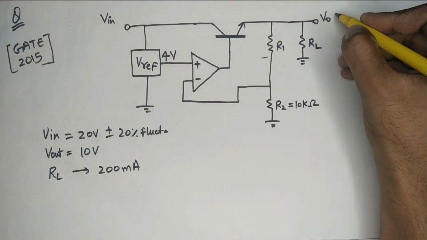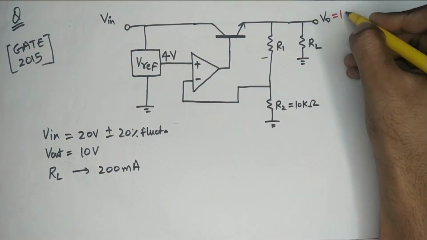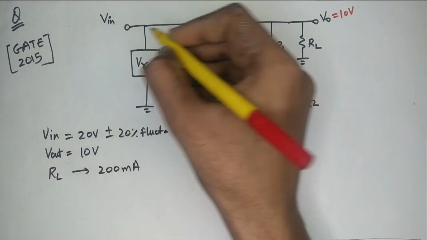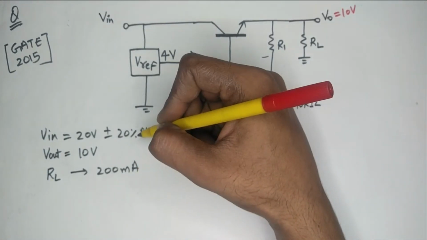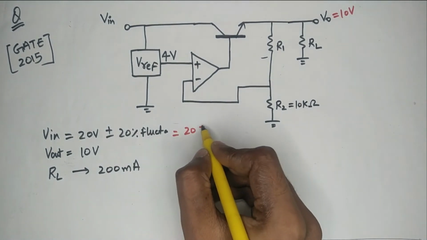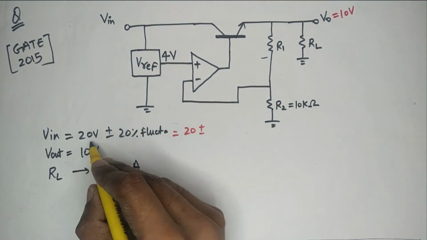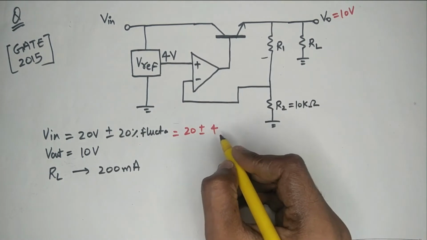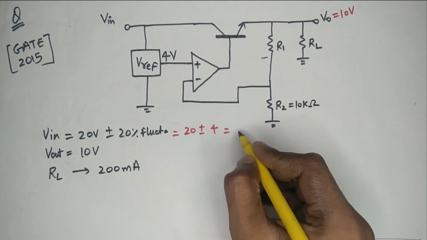The Vout is given to us which is equal to 10 volt, and Vin is given to us which is fluctuating, and we can write it as 20 volt plus minus 20% of 20 volt, which is 4 volt, and we will get two values.